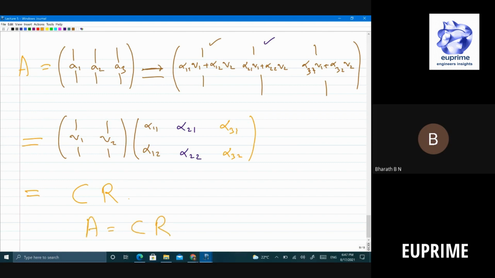The columns of C are linearly independent, and R gives me the coefficients. So now what can you say about the rank of A in terms of C and R? Definitely the column rank is 2, in this case 2 linearly independent columns. What can you say about the rows?